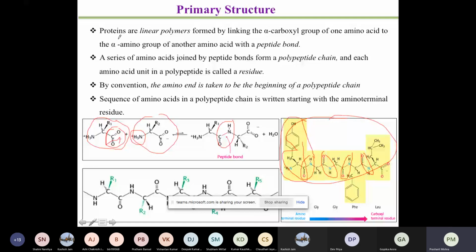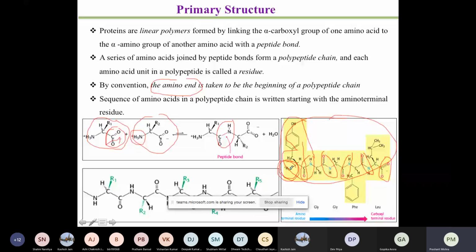By convention, and this is just convention, when we write the chain of amino acids, we put the amino end in the beginning of the polypeptide chain. So here, what you see is that this amino group is at the start and the carboxylic group is at the end. What do we call them?